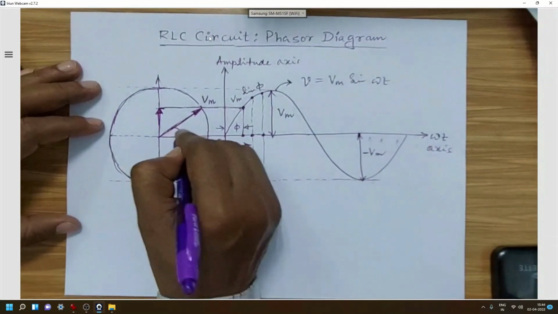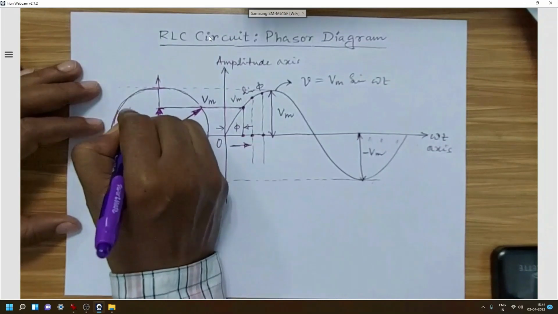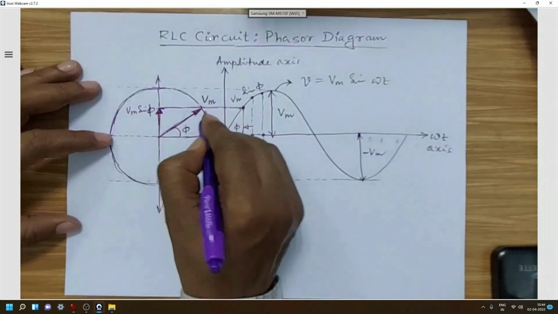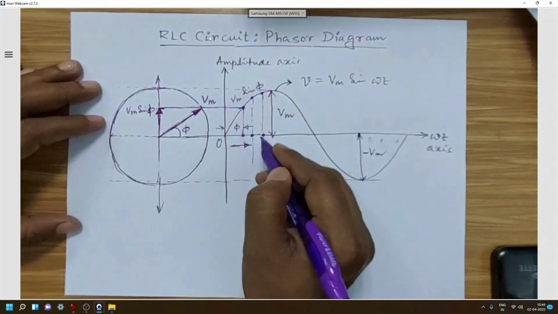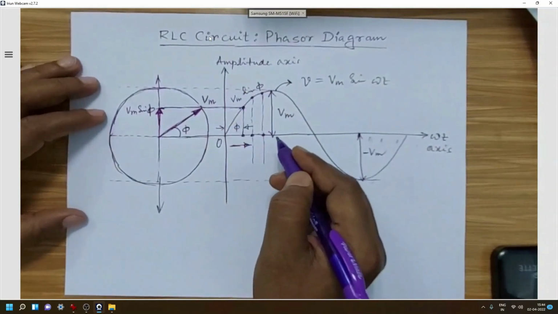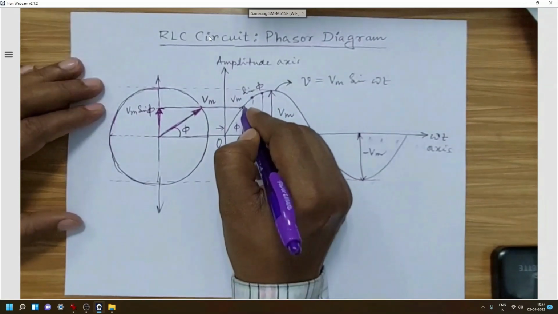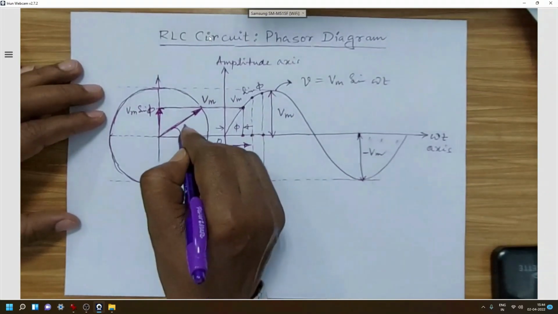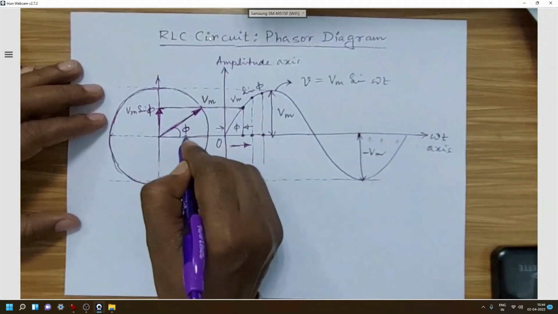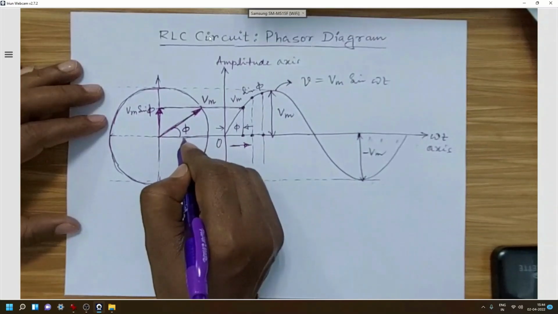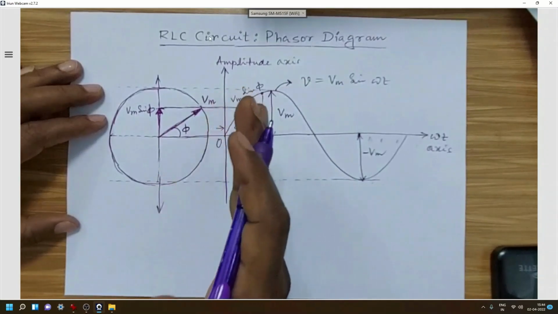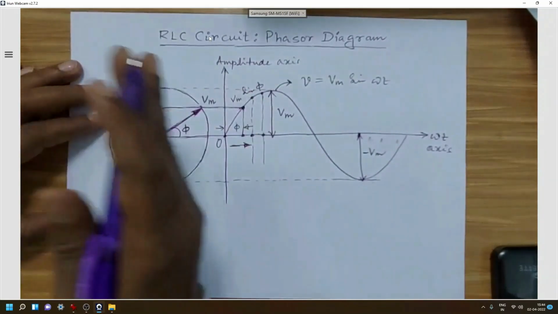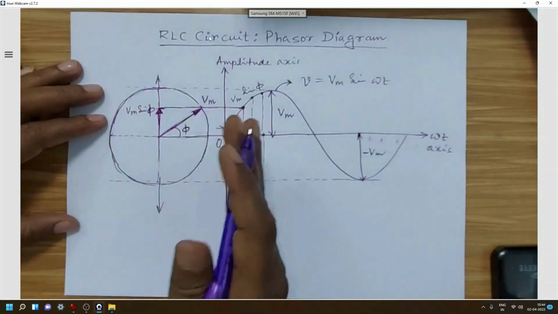So if this is an angle phi, this will be Vm sin phi. So like that we can represent the value which is frozen at a particular time, and that time is defined by one angle called the phase angle, that is, the angular displacement from the reference 0 at the instant where we are going to get the value.